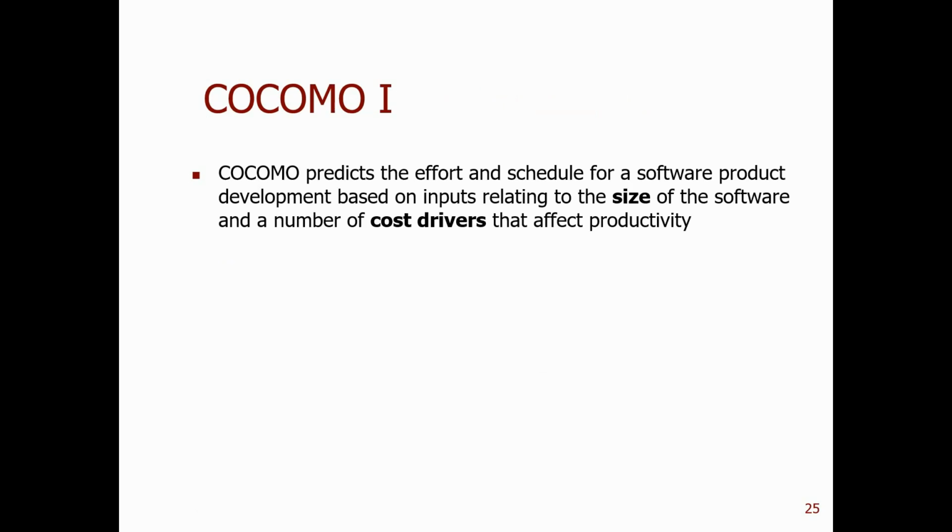The COCOMO model predicts the effort and the schedule for a software product based on the size and a number of cost drivers that affect the productivity of the team. So it combines the size and the cost drivers together to make an estimate. The basic value here is still the size of the product.